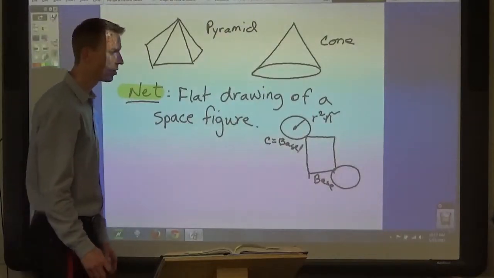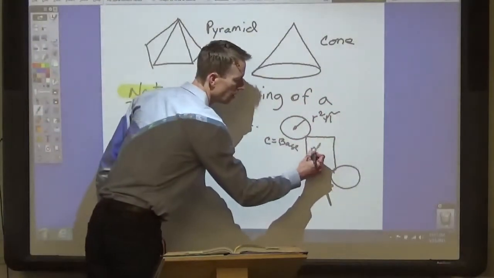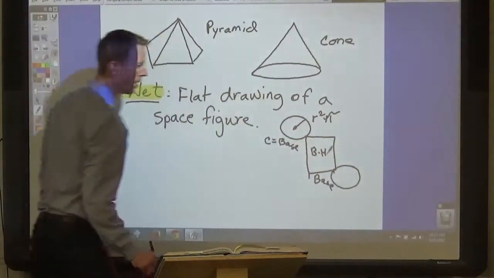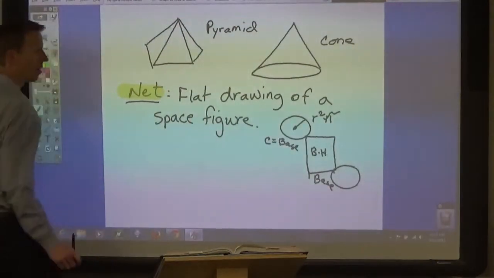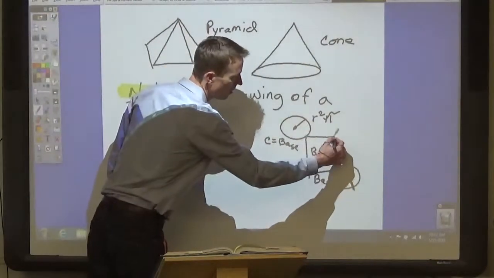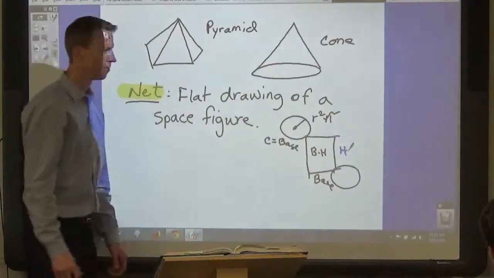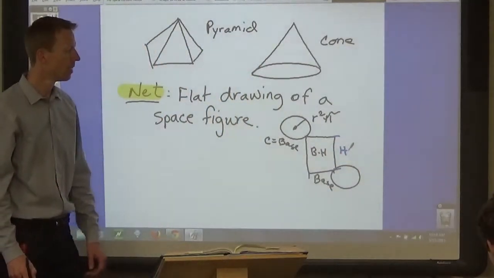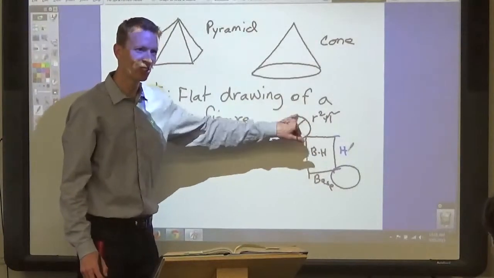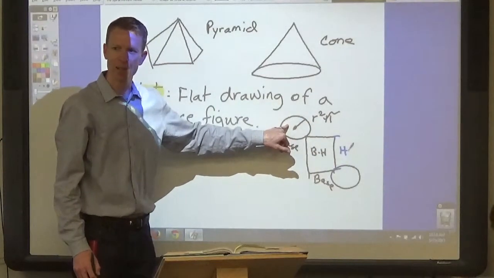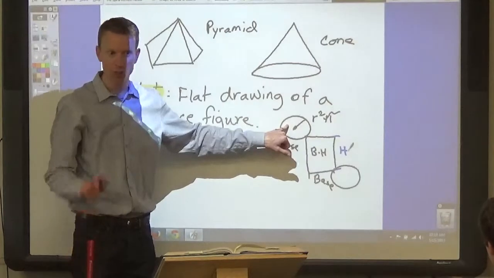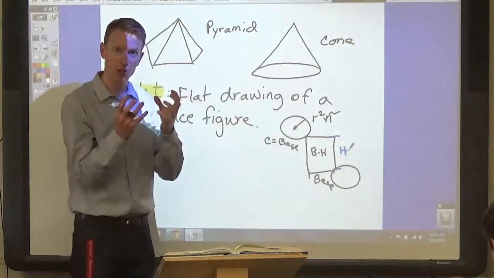And then, so this would give us base times height, we would also need the height of the rectangle. Right? And then once we found the area of this circle, how many circles are there? Two of them. So we'd have to add two of those areas together.